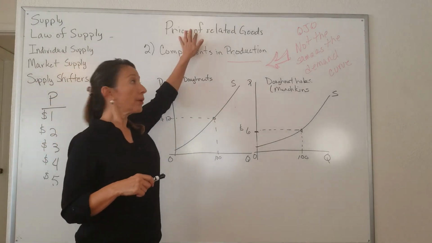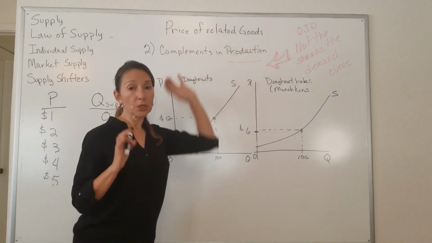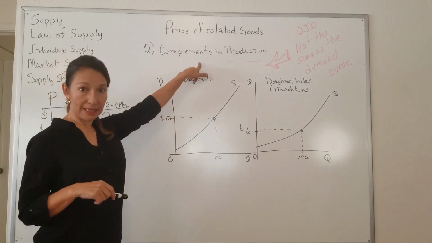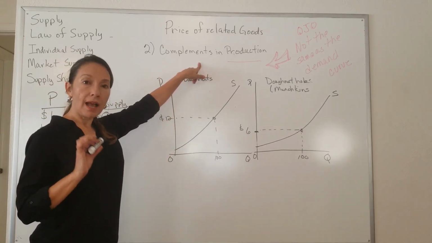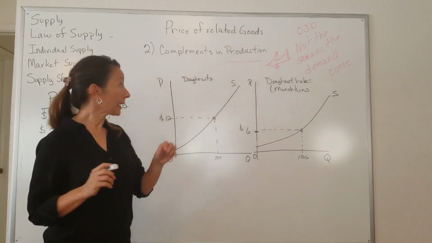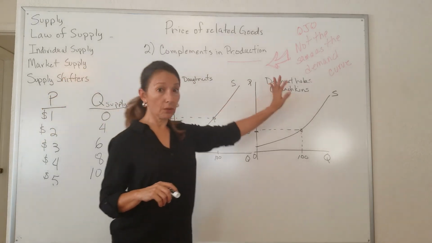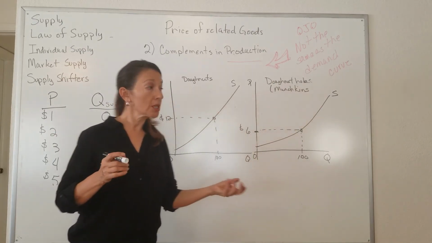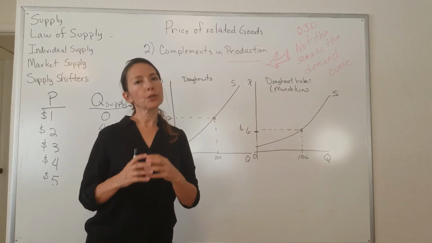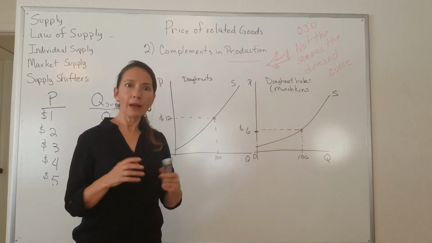Under the category of price of related goods, when we're talking about supply, is what we call complements in production. Complements in production are two things that are produced together, like donuts and donut holes. If you go to Dunkin' Donuts, you can get donuts and you can get munchkins. So the two of those are produced together. How so?